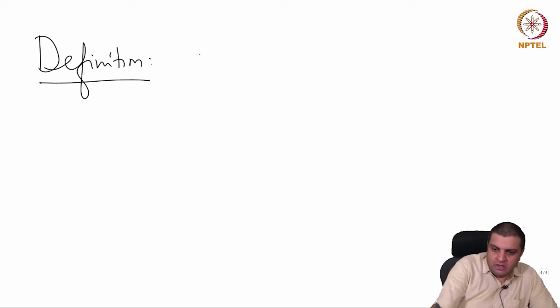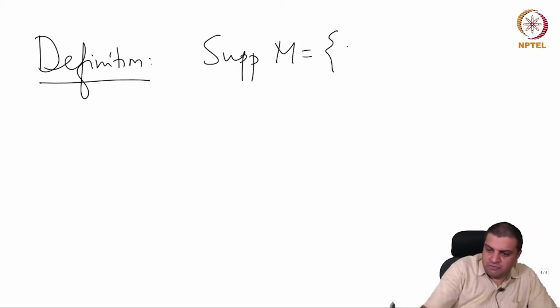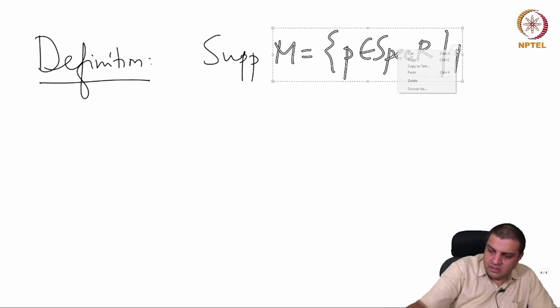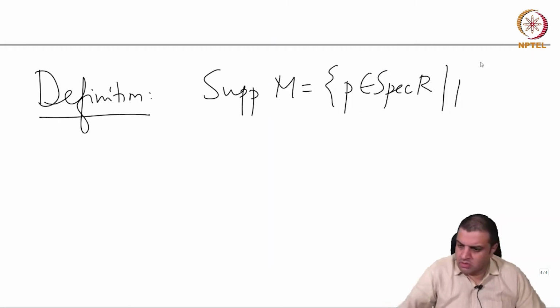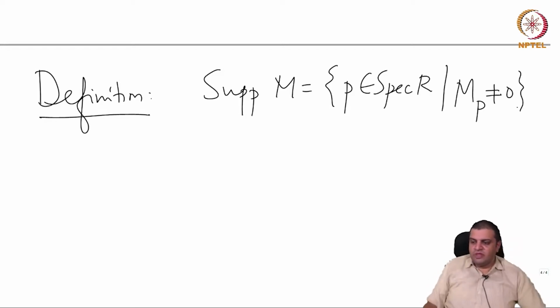Definition. Support of M is the set of prime ideals P such that M localized at P is not 0. Okay. In particular, the annihilator of M must be inside P. We have not inverted anything. We have inverted elements outside P, and in this case, we have not inverted anything that annihilates all of the module.